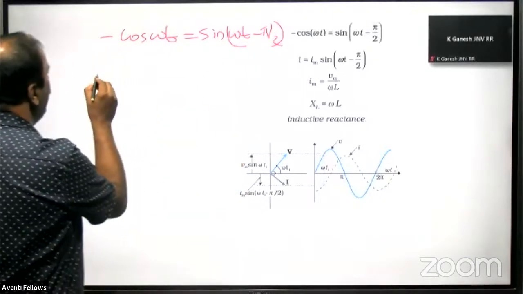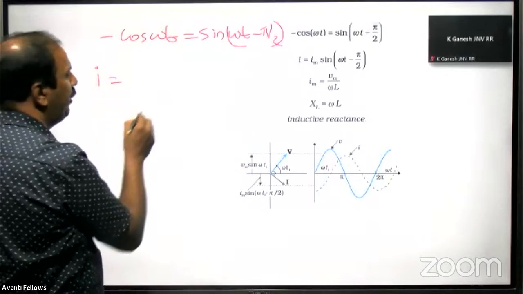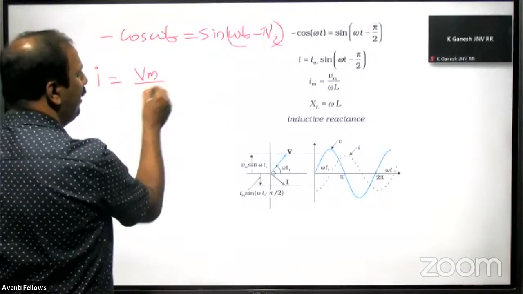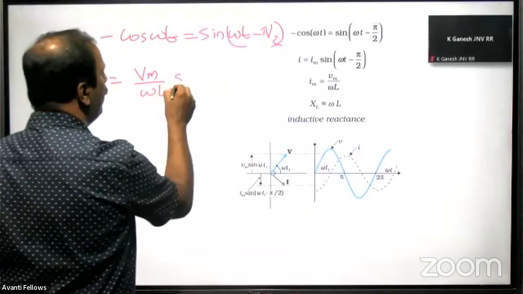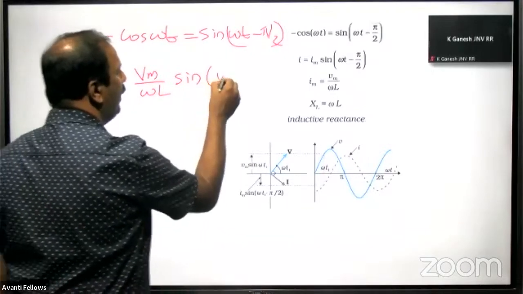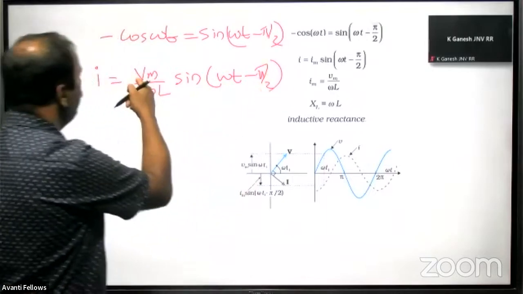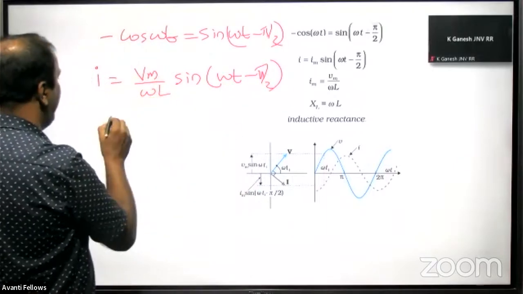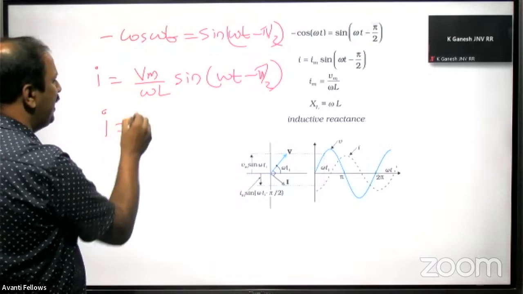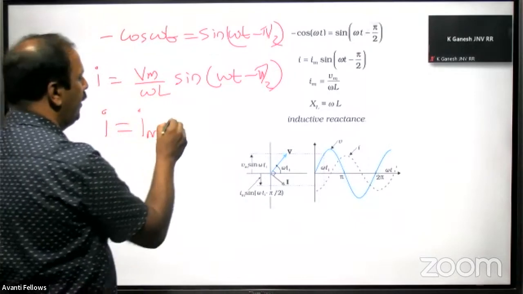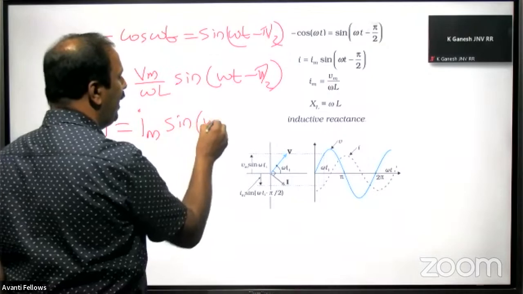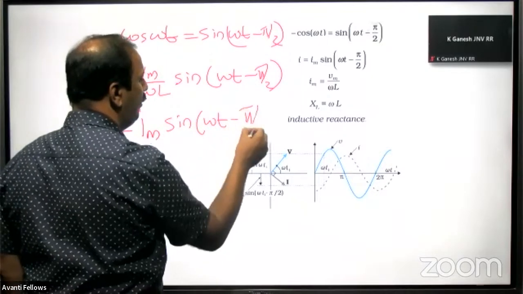So what can we write now? I is equal to Vm by omega L into sin of omega t minus pi by 2. Now this Vm by omega L, we will write it as Im. So I is equal to Im sin of omega t minus pi by 2.